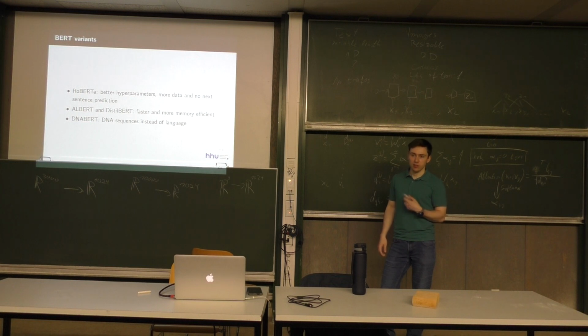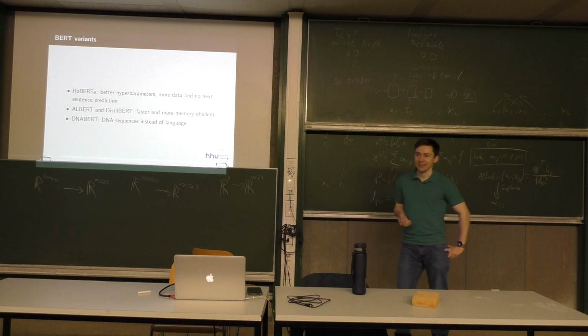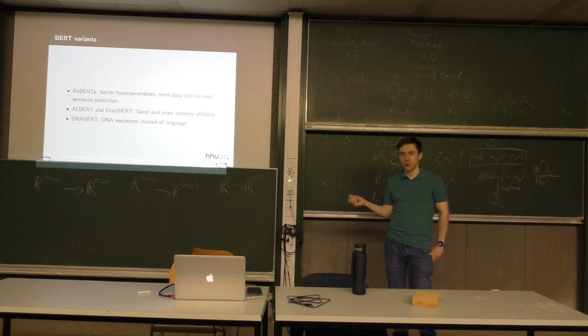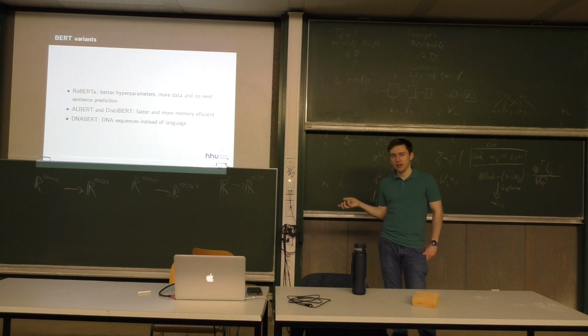We don't need it, but you will need to implement it anyway for this week's exercise. The most important changes were just bigger batch size, longer training, and more data, and it got better results. And then ALBERT and DistilBERT, which don't perform quite as well, but are much smaller and faster.